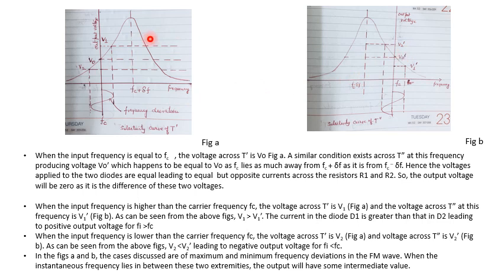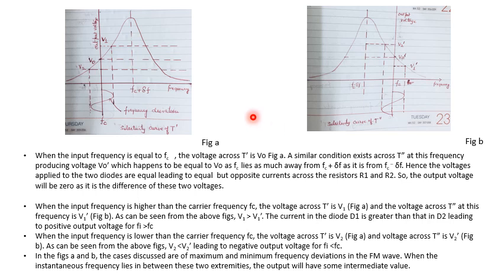That is, the voltage across diode D1 is less than the voltage across diode D2. Hence, the current in the upper circuit is smaller and the current in the lower circuit is greater. Hence, VR1 is smaller than VR2, and the output voltage V0, which is VR1 minus VR2, will be negative.